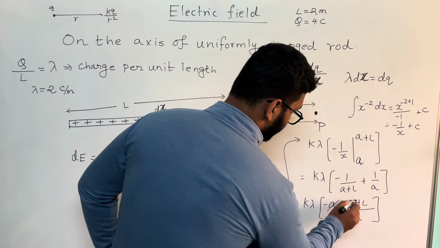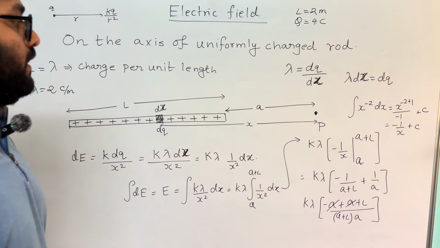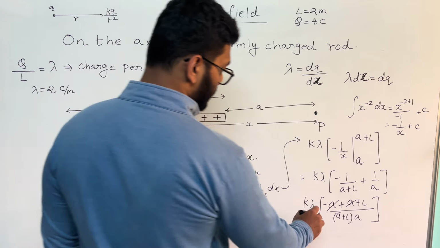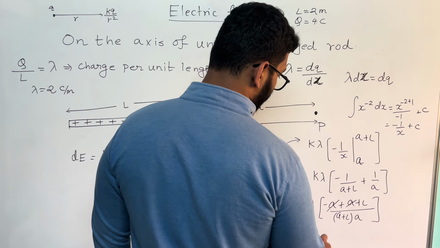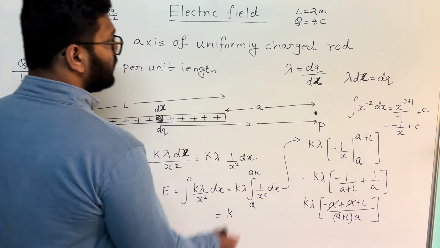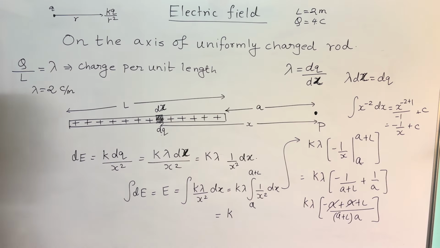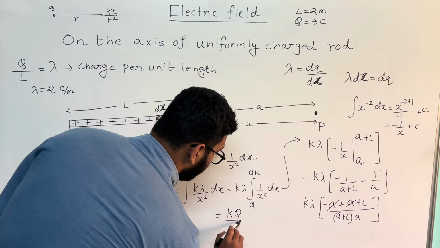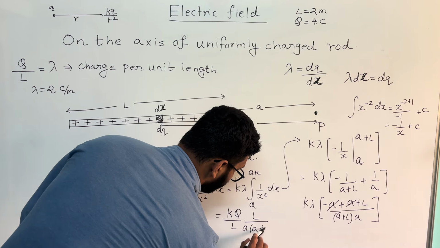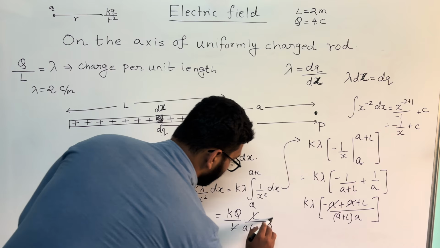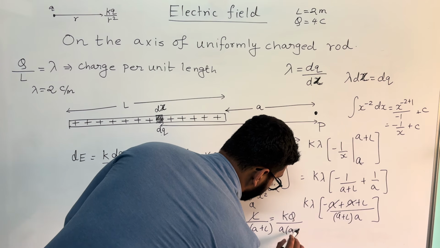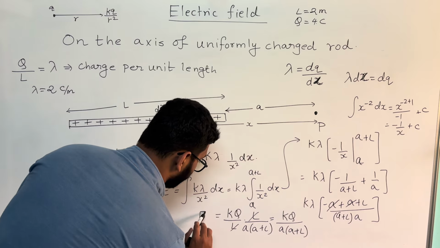So this will get cancelled out, and you will end up with k lambda L upon a into a plus L. Now lambda is Q by capital L, so k Q by L into L upon a into a plus L. L and L get cancelled, you will get kQ by a into a plus L. This is your electric field.